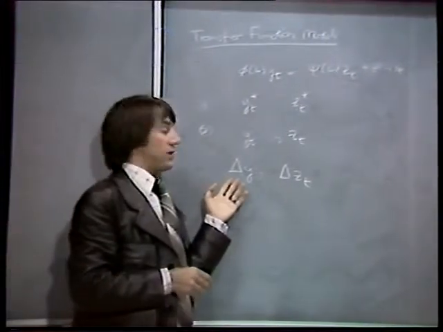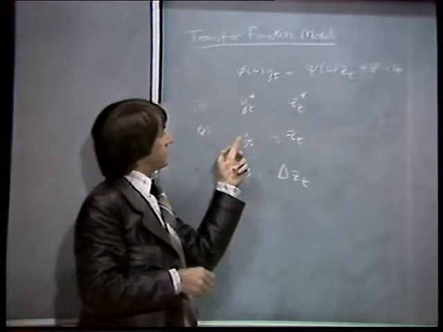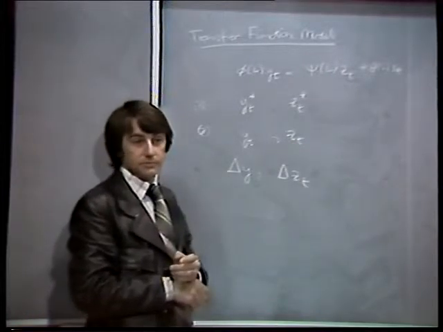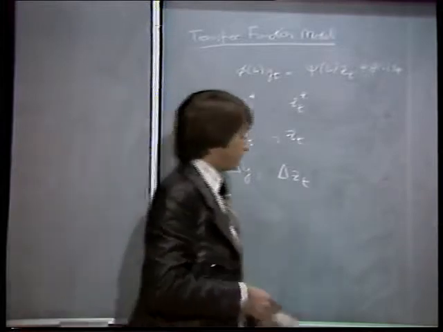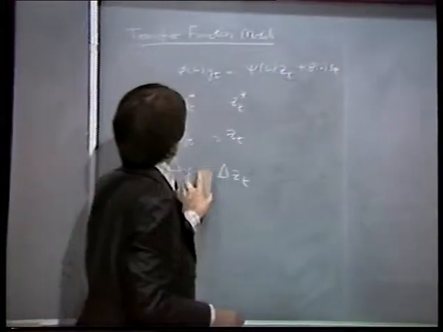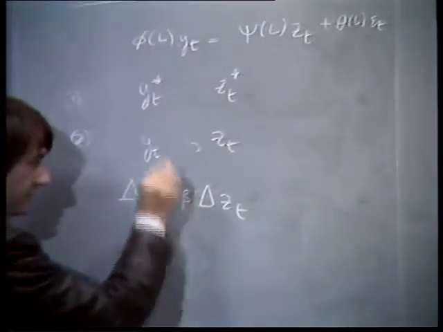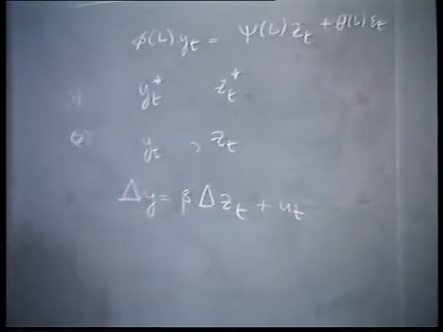Well, this could be appropriate in some situations, but notice that if these variables have been chosen for some strong economic reason, we do now get the argument that we're modeling the difference of yt as being proportional to the difference of zt, and then say just a random error term.